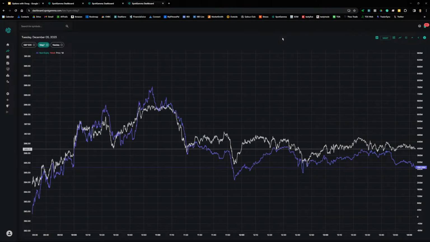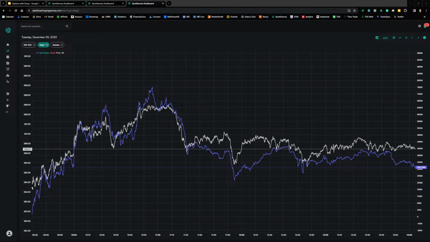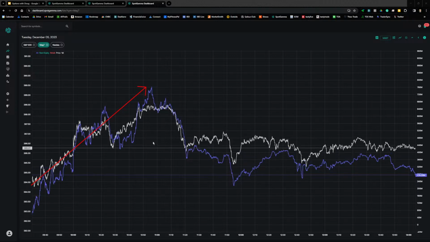Let's zoom in on this chart. So this morning, traders were taking positive delta positions in the Magnificent Seven. The dip buyers were in, taking advantage of the recent weakness in these stocks.